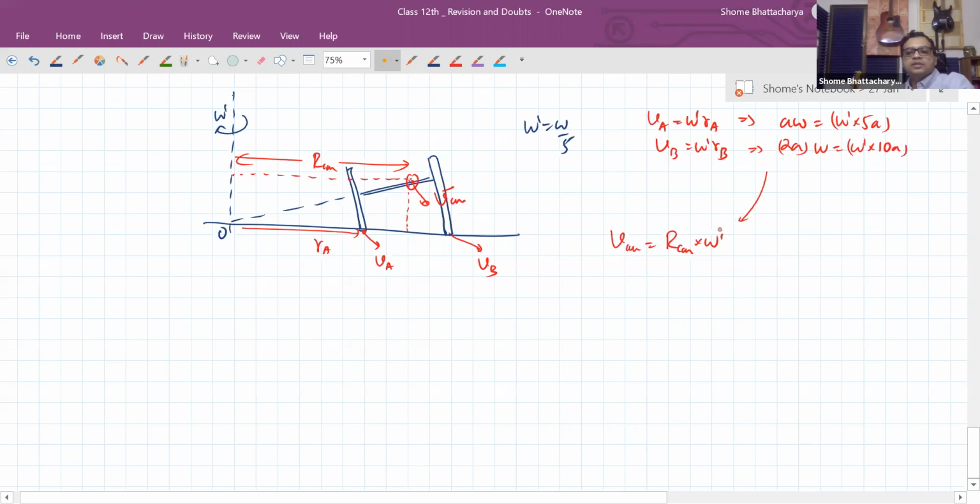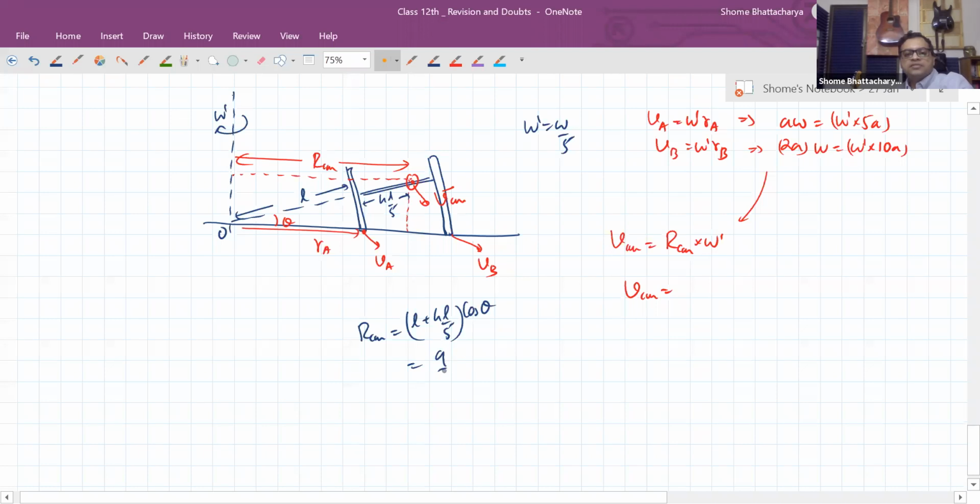So like that, now we have the relation for VCM. This was L and this we had just seen was 4L by 5. So my capital RCM will become L plus 4L by 5 cos theta.